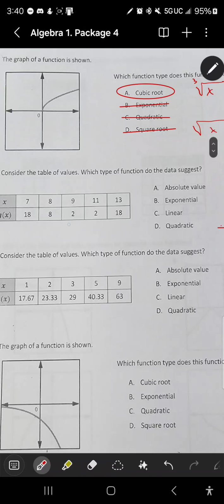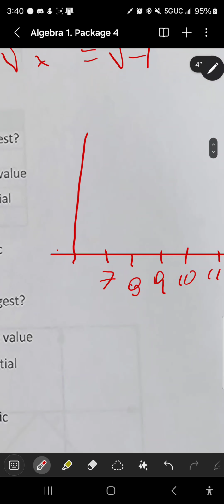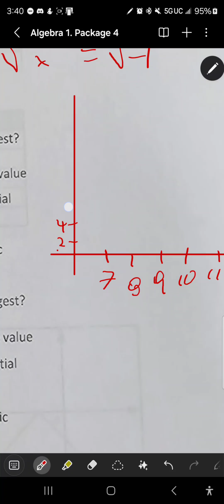Now the other goes from 2 to 18, so I'm going to go 2 by 2: 2, 4, 6, 8, 10, 12, 14, 16, and 18.